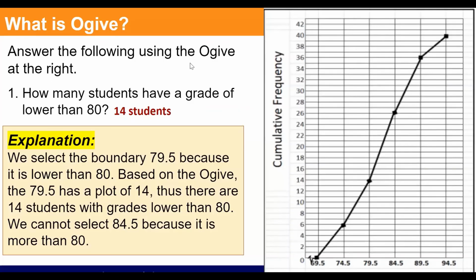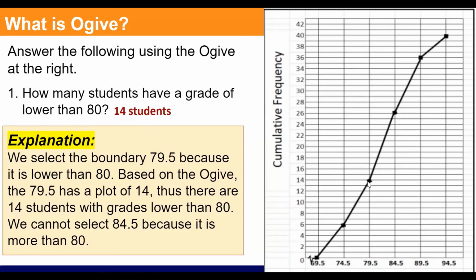Answer now the following using the ogive at the right. Number 1, how many students have a grade of lower than 80? So our answer is 14 students. So bakit po? Look for the 80, lower than 80.